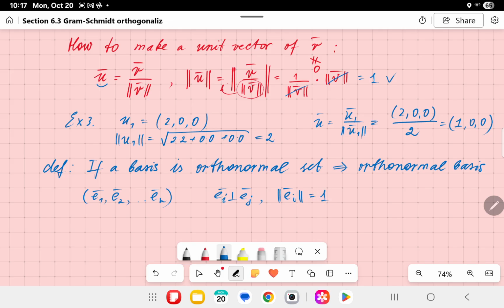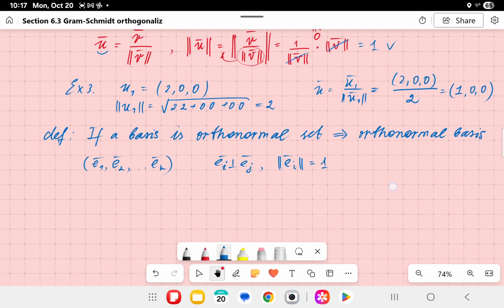I don't want to write down that they are orthogonal in pairs. I'm just writing down that any I vector is orthogonal to any J vector, and any I vector has norm equal to 1: an orthonormal basis. Okay, good. Now the question is, why do we actually care about orthonormal bases and how are they good?